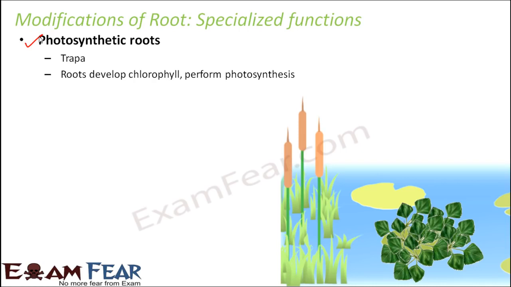Here we see that the roots develop chlorophyll, and whenever chlorophyll is there, they are capable of performing photosynthesis. So here also the roots are above the ground. You can see this is how a trapa looks like. They have these kinds of leaves, and the roots are also present on the surface of the water. So these are an example of photosynthetic roots.